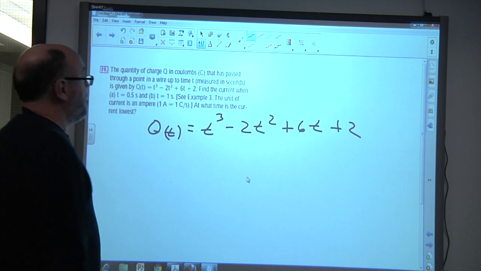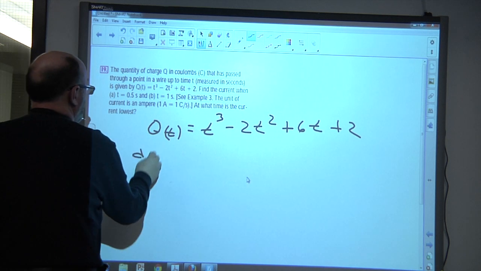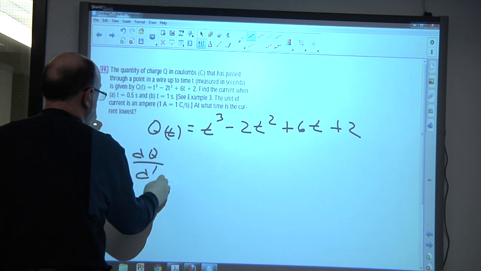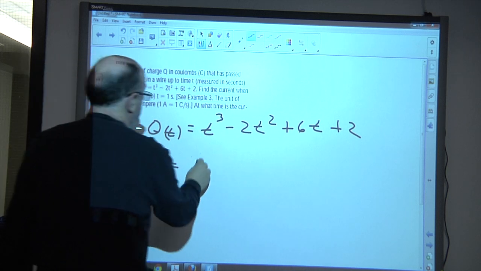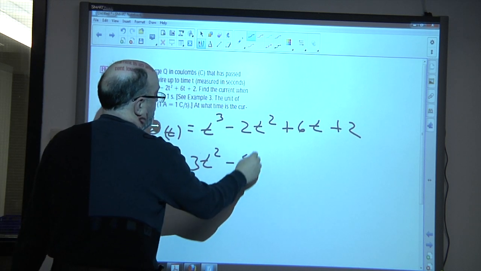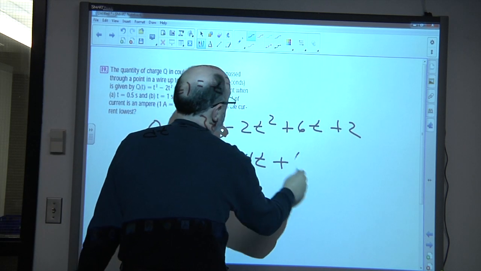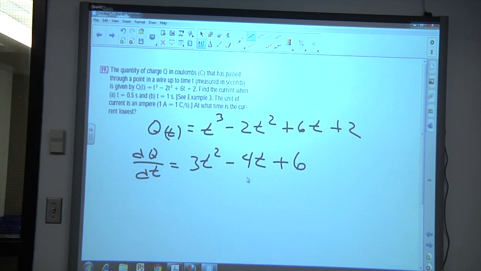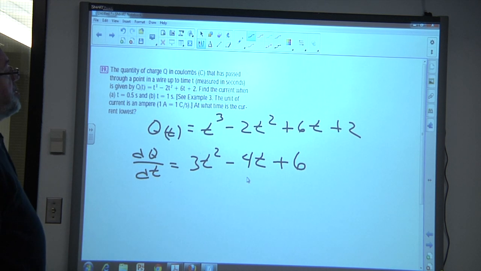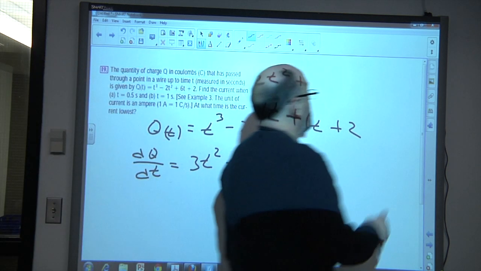We want to find the derivative. So we want to find dq dt, which will be 3t squared minus 4t plus 6. And now we can find out how much current is going through. So dQ over dt is current.